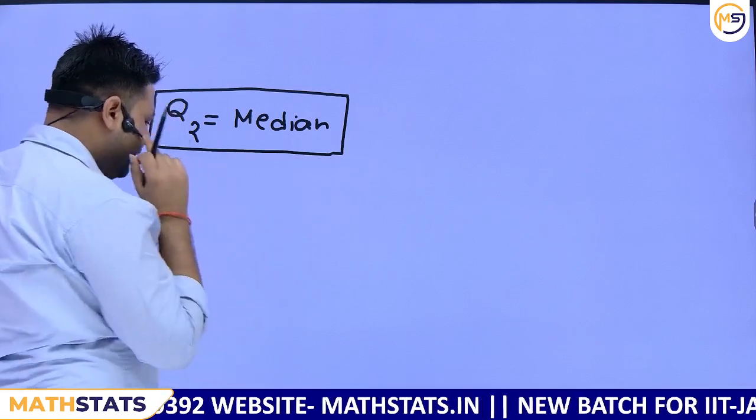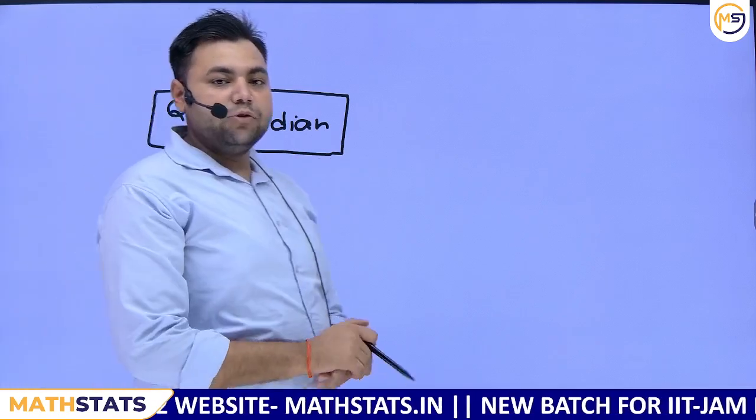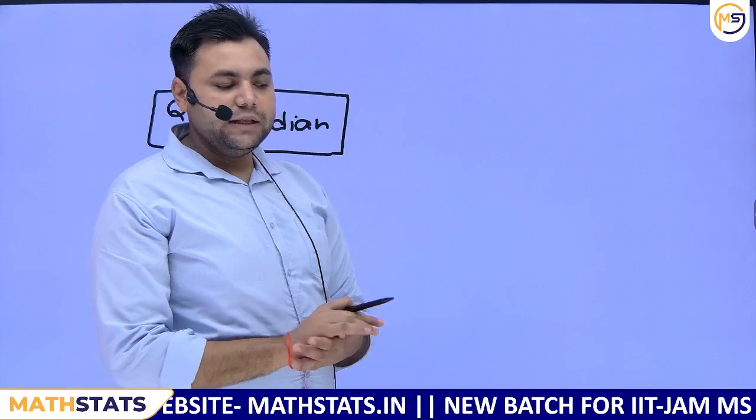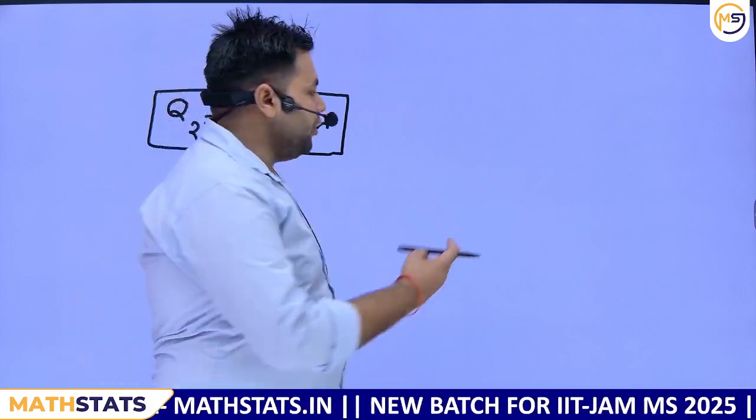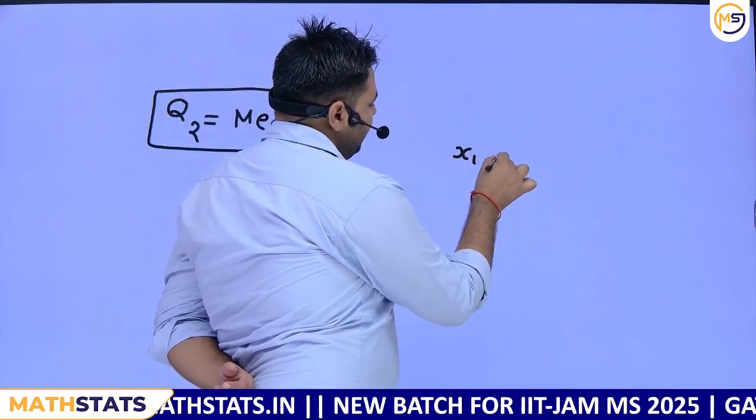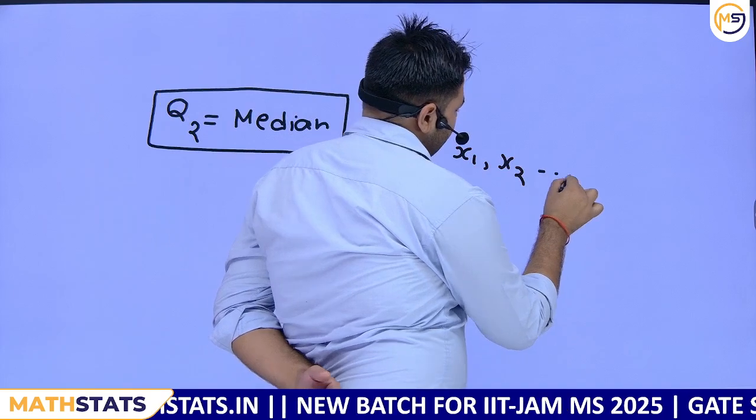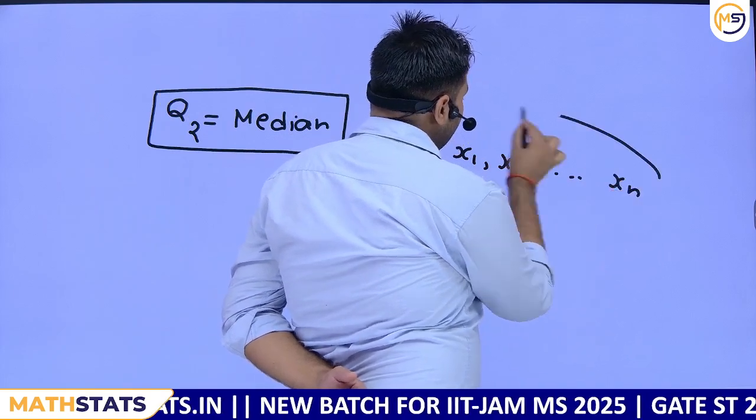How will we find the quartile of a series? Suppose we have data x1, x2, up to xn. How can we find the quartile?